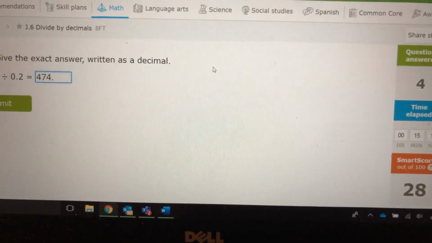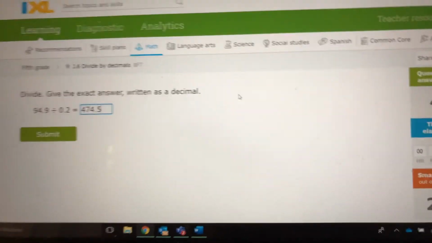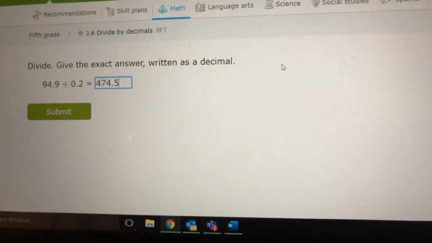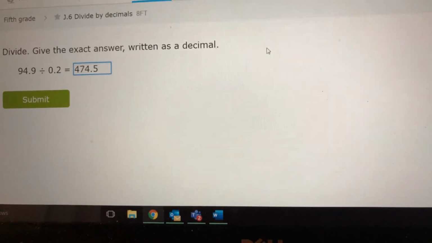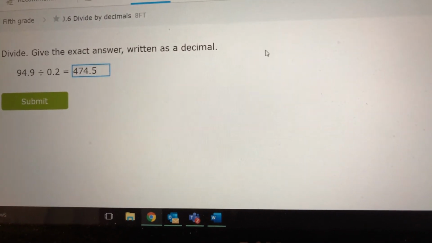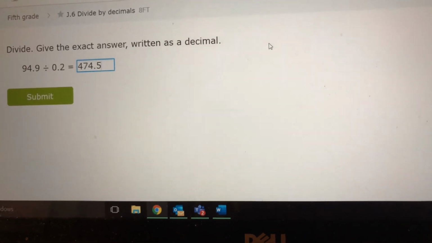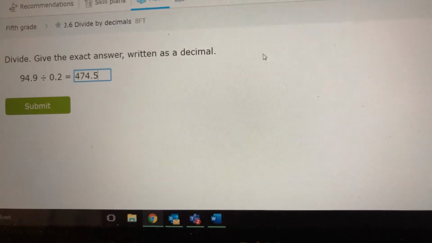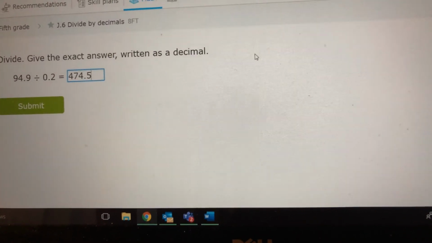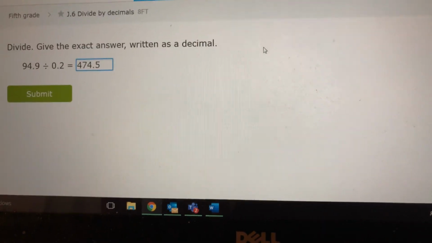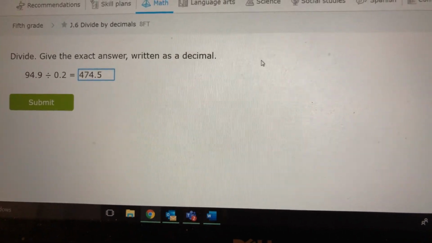Now, let's look at this for a second, because it is a little odd to think, how is 94.9 divided by 0.2 a larger number, 474? But think of the rule, keep, change, flip. Oftentimes that symbol gets flipped to a multiplication problem. So that's one way to think about why the number gets bigger.